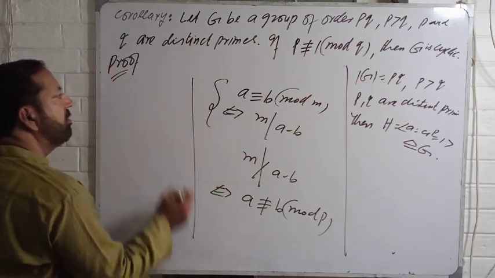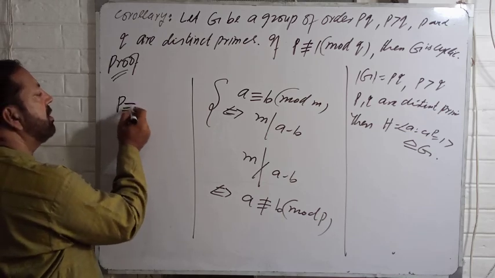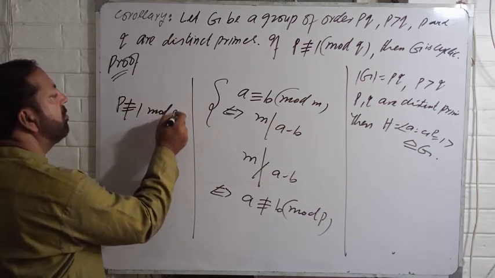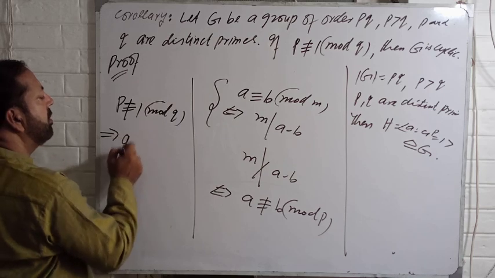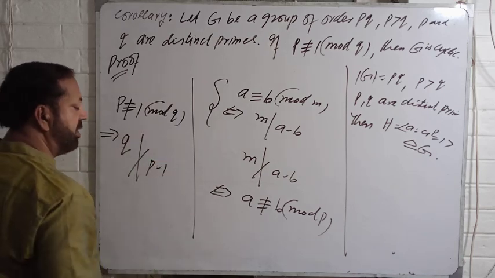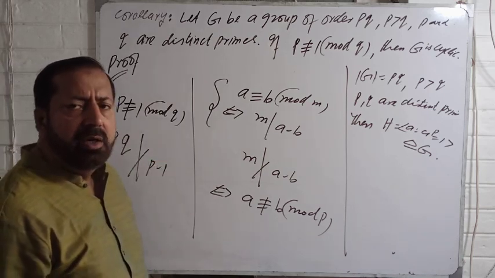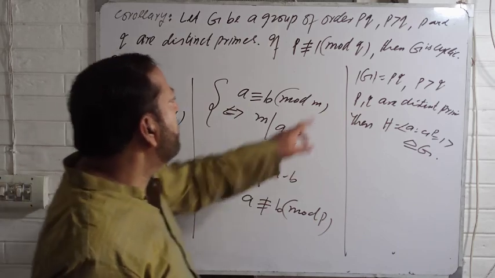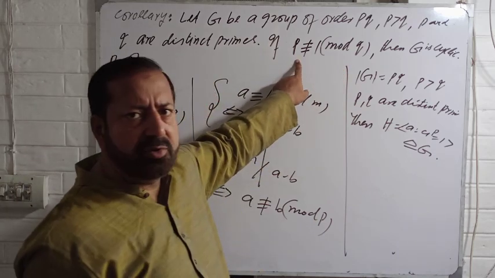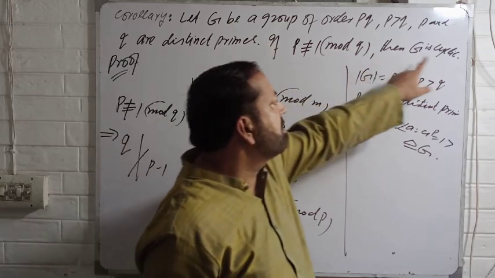So if Q is not a divisor of P minus 1, then G is cyclic.